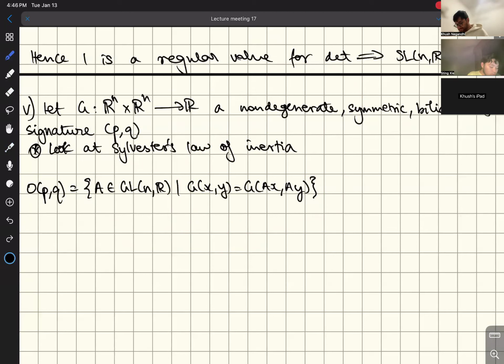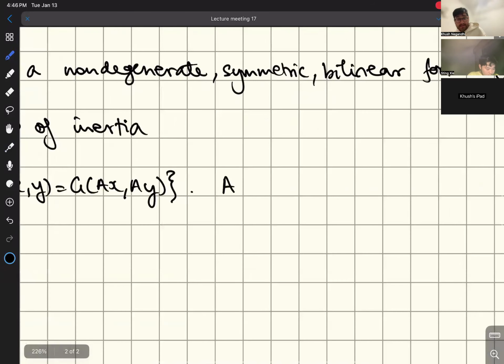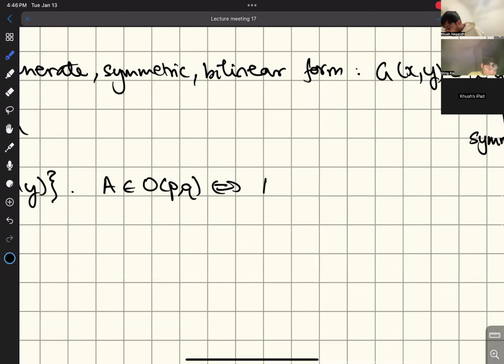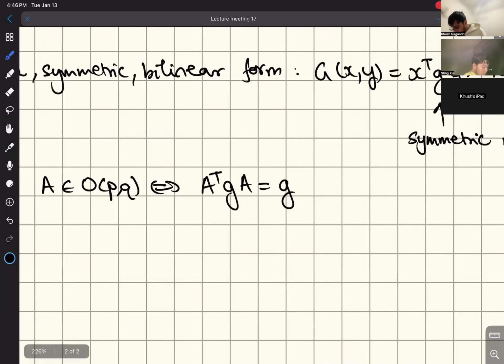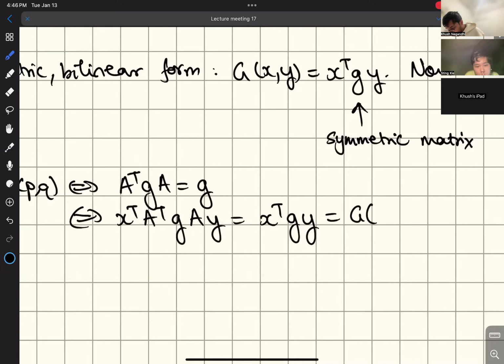Looking at this another way, A is in O(p,q) if and only if A transpose G A equals G. This is very simple to prove, because it is equivalent to x transpose A transpose G A y equals x transpose G y, which is equal to G of x, y, and this is equal to G of Ax, Ay.